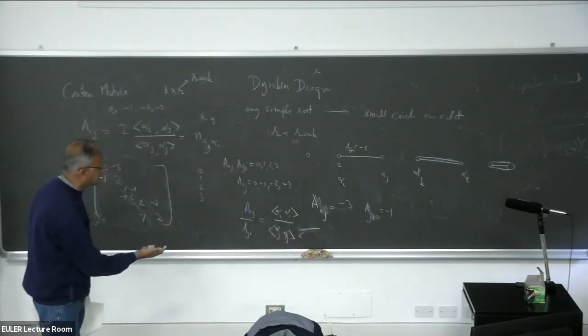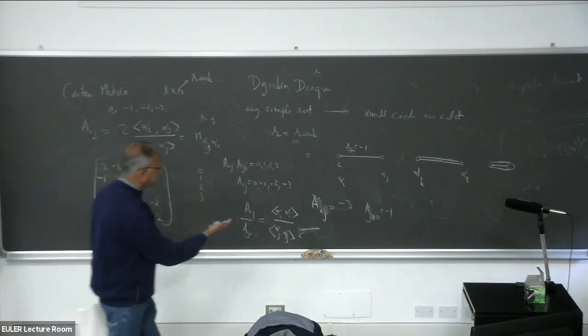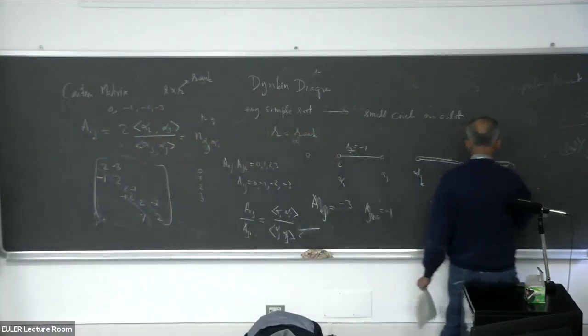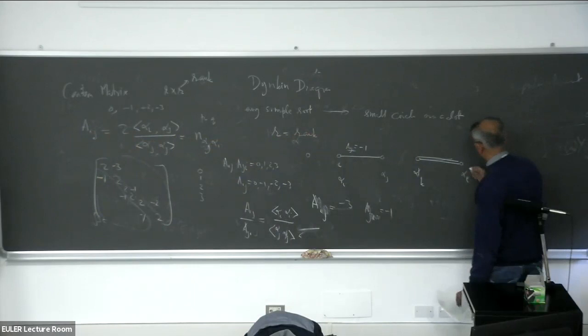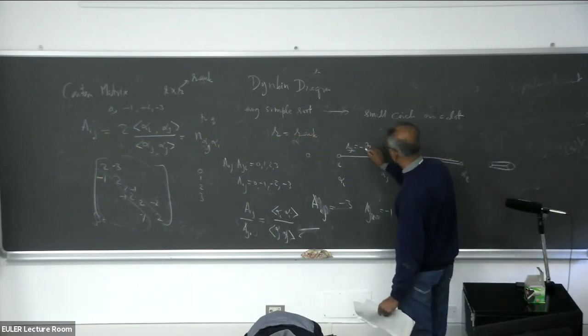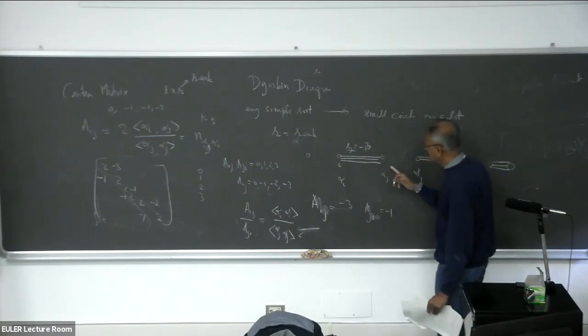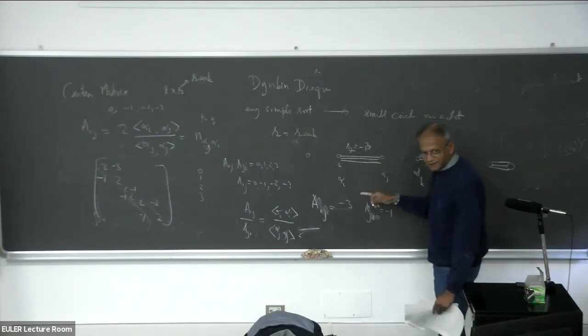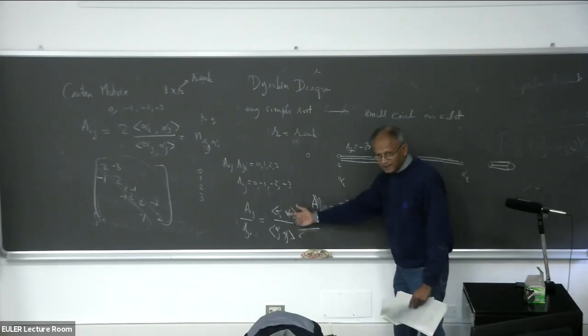So you need to also give it this information of these two, for example. Let's say this is A_ij equal to -3, so I have 3 lines. But I need to also specify which one is the longer one. You see, one of them will be longer than the other one.